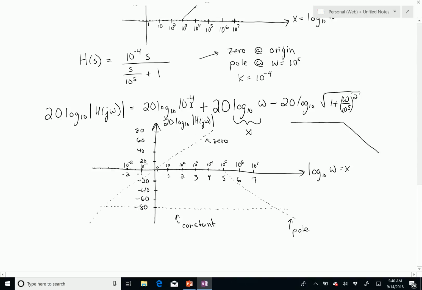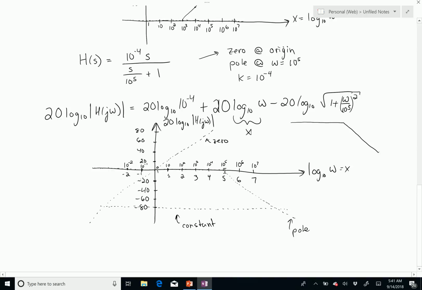The simplest thing for me to do is to say, well, at this point, the only thing that's active is the constant and this guy. So I just used the term there. I said active. The way I think about this is that at any given frequency, what's active, right? I've got a zero that's active, causing me to change. I've got a constant, but the pole, right? The pole is contributing 0.